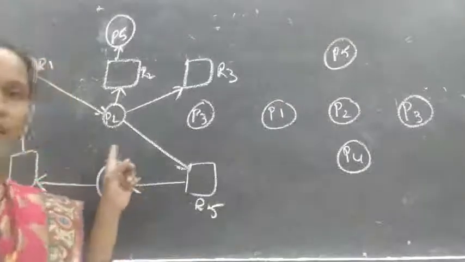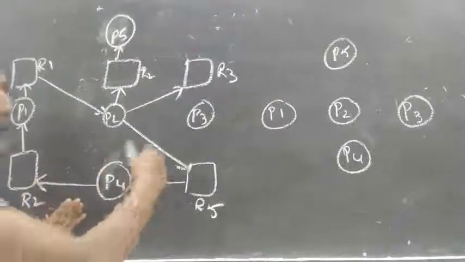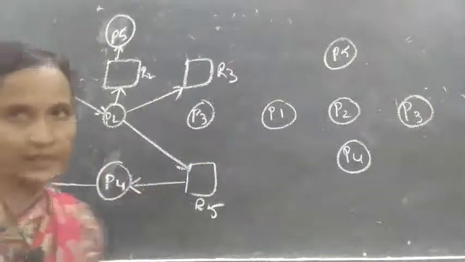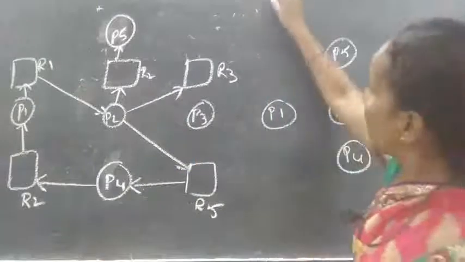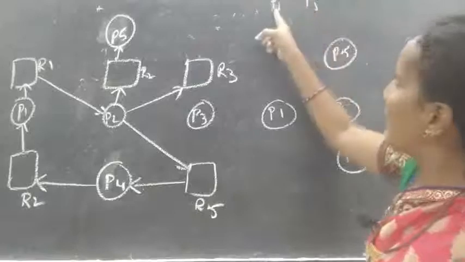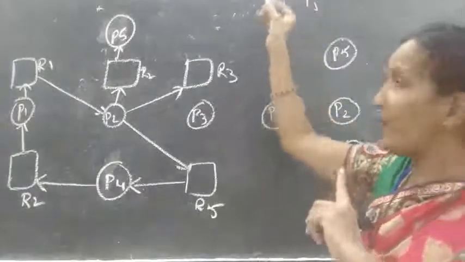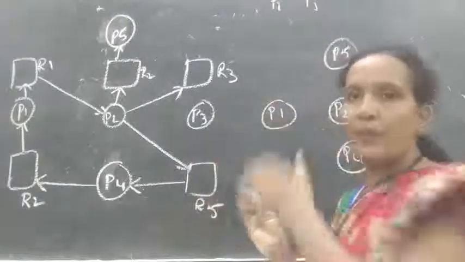So here we have a resource allocation graph. From this resource allocation graph, you can construct a wait-for graph. So how to construct, I have already explained. If there is an edge from Pi to Pj, then what happened? Pi is requesting for the resource and that resource is held by Pj.